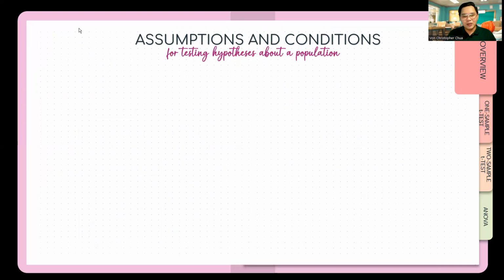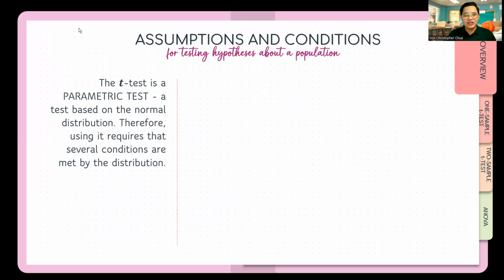Now, I mentioned a while ago that when we determine the appropriate statistical test, we have to be familiar with the different assumptions and conditions that would allow us to use those specific tests. So for testing hypotheses about the population, here are 5 of the more common assumptions and conditions that we need to check in order to use the t-test and the ANOVA.